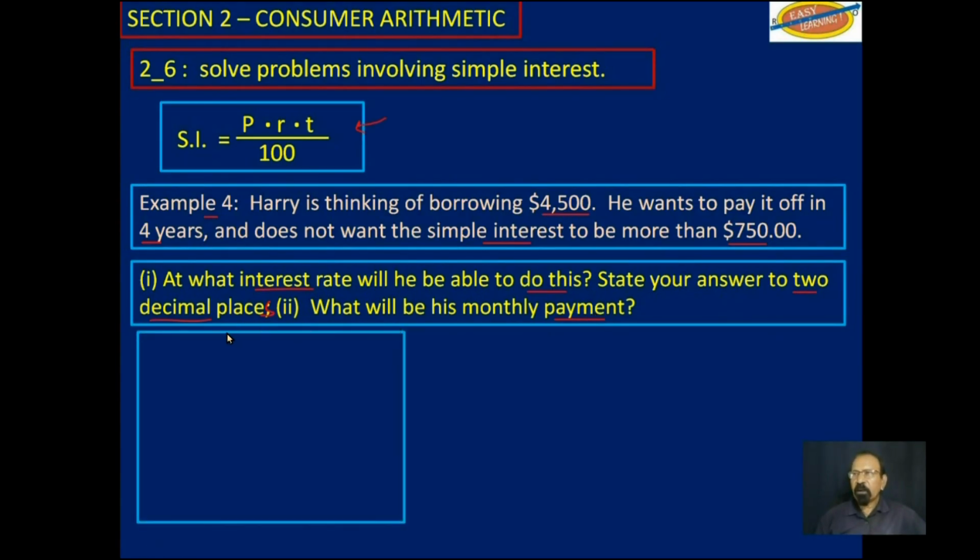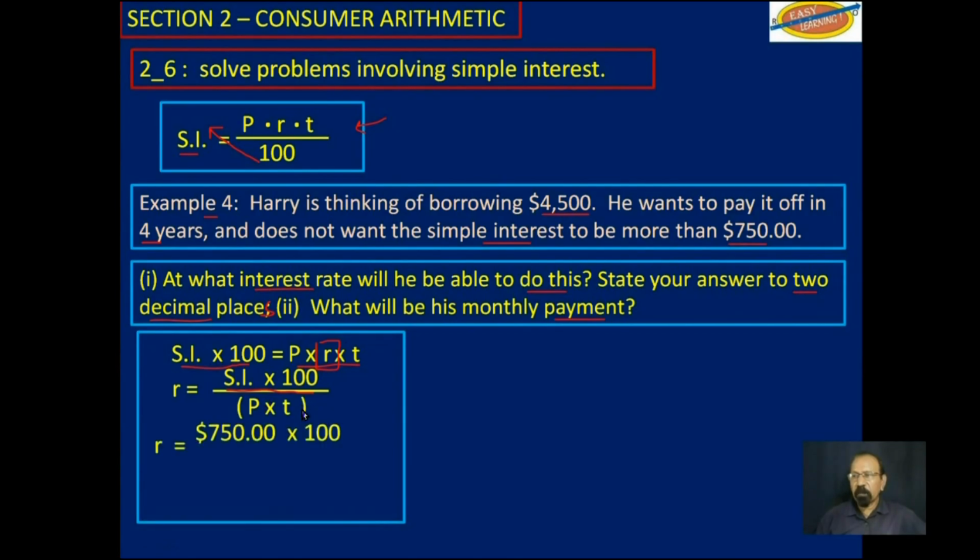So remember we said up here that simple interest is equal to principal times rate times time over 100. Now, if we cross multiply, we would get simple interest times 100 is equal to P times R times T. This time, we want to find the interest rate. So R would be equal to the simple interest times 100 over principal times time.